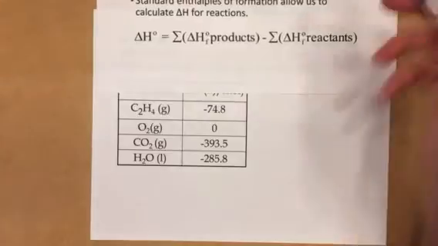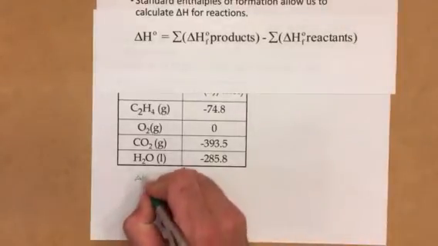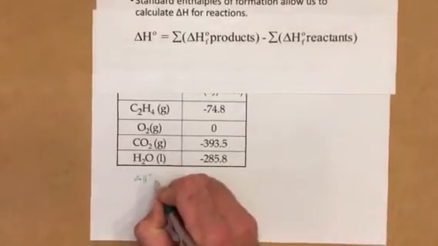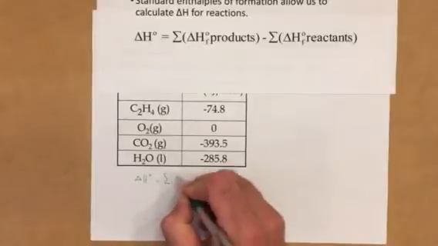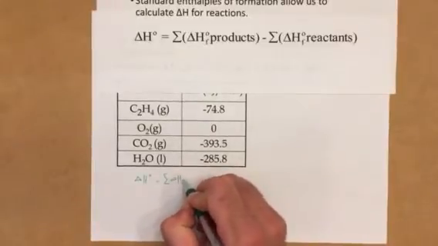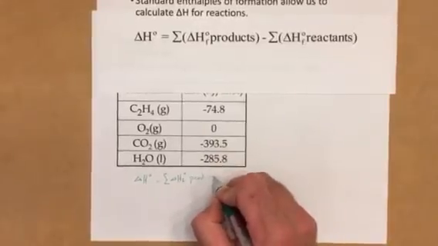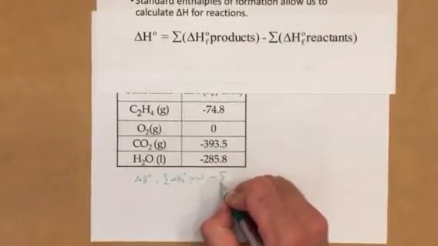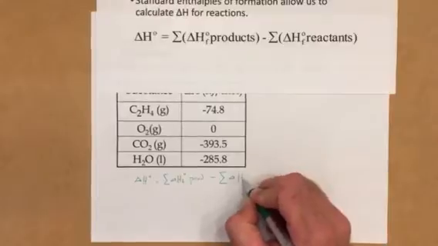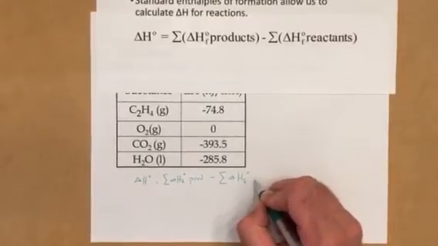The enthalpy change of the reaction is going to be equal to the sum of the standard enthalpies of formation for all your products minus the sum of all the enthalpies of formation for all your reactants.